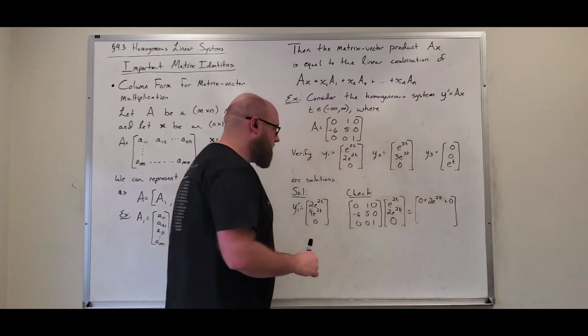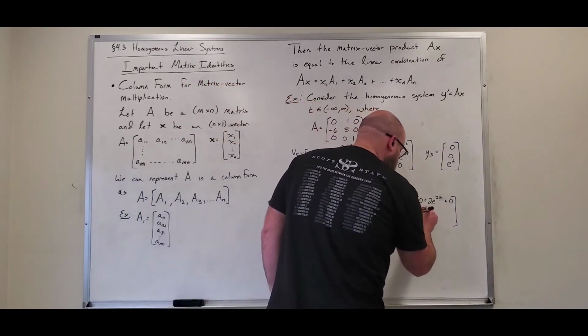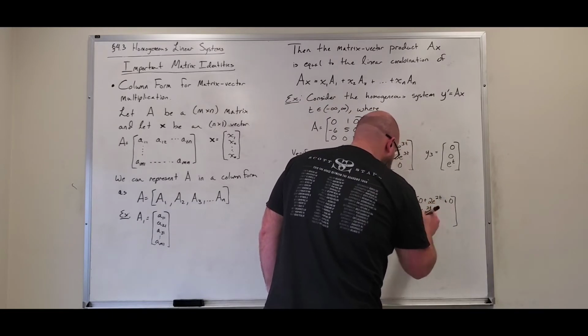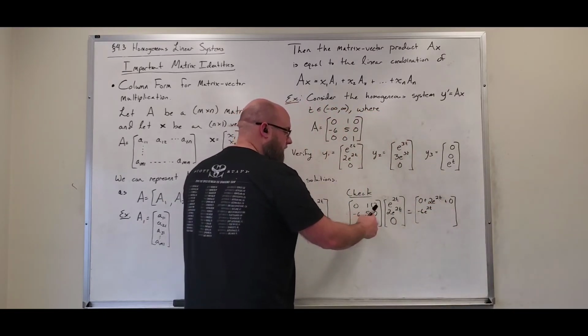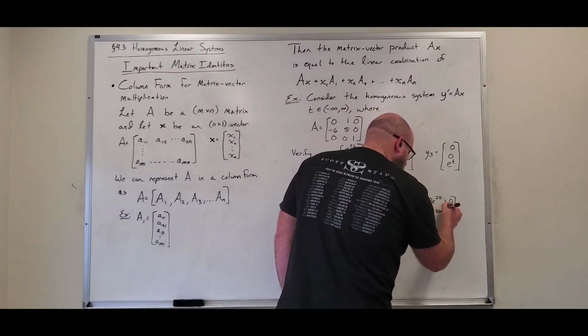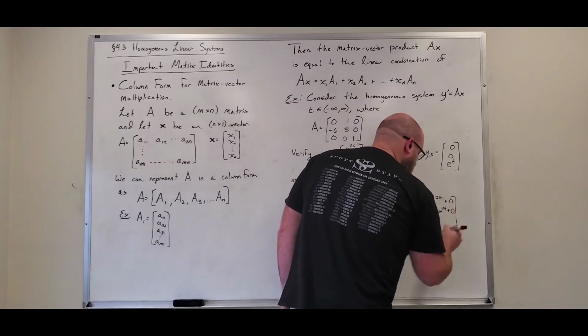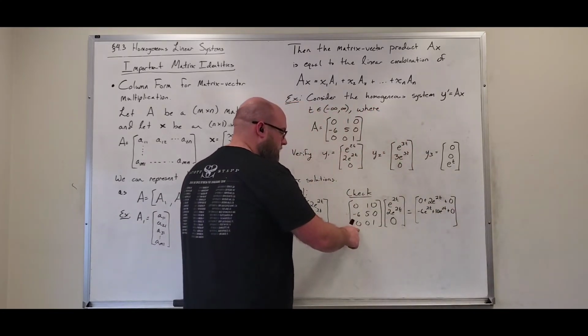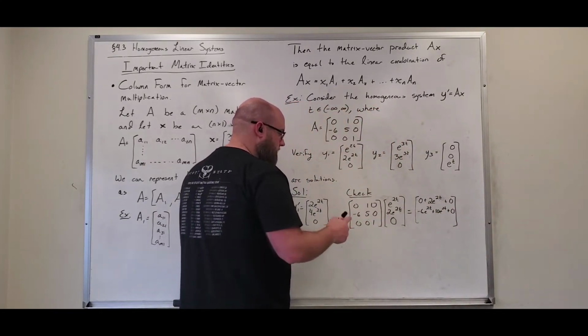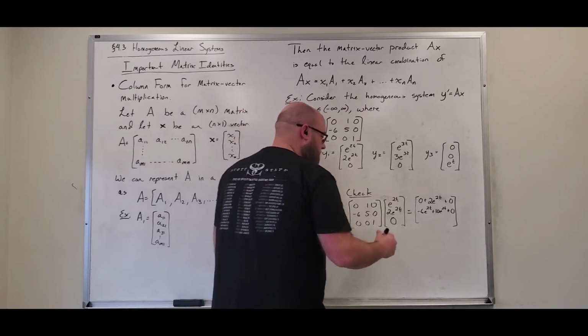The next one, we're going to have negative 6 times e to the 2t plus 5 times 2e to the 2t, so that's going to be positive 10e to the 2t, and then 0 times 0, so plus 0. And then lastly, we're going to have 0 times e to the 2t, which is 0, 0 times 2e to the 2t, which is 0, and then 1 times 0, which is 0.